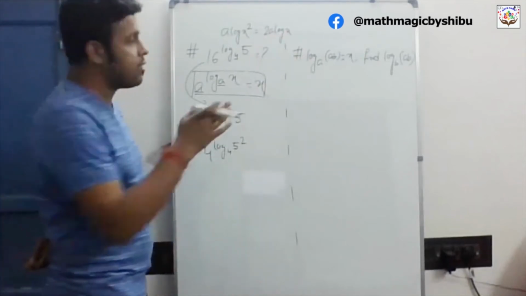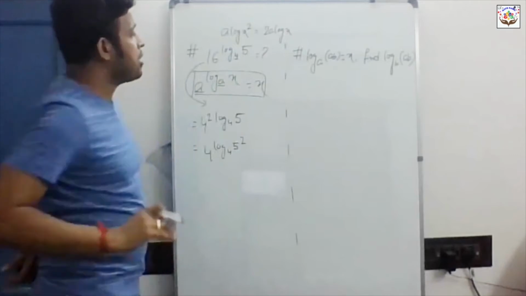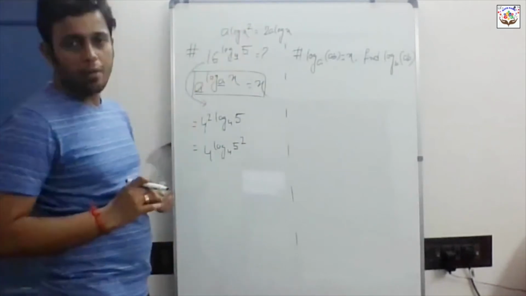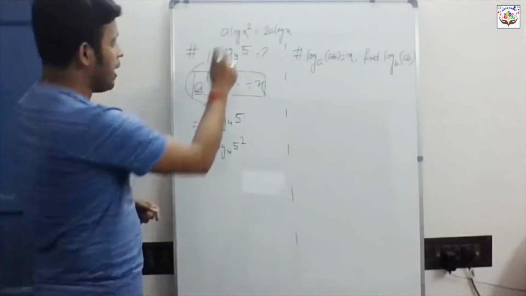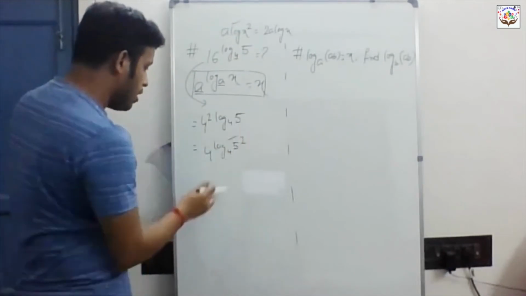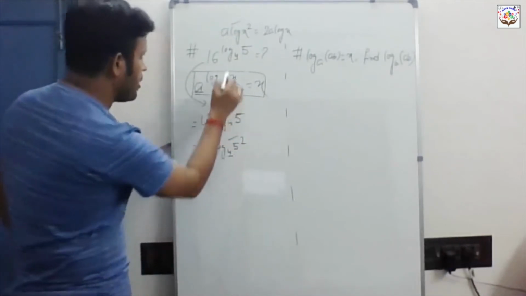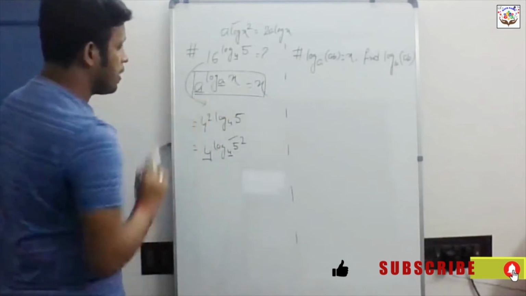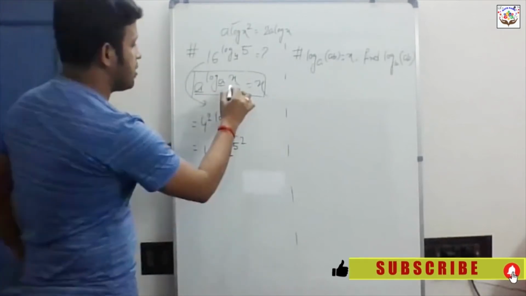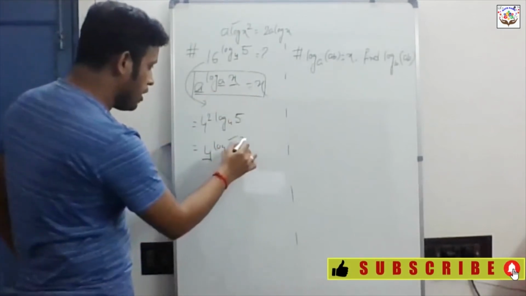So we can change the position of the power. Accordingly, as per this concept, I have written this. So this base and this part are the same, like this formula. So what can we write? Just x, that means just only this part.